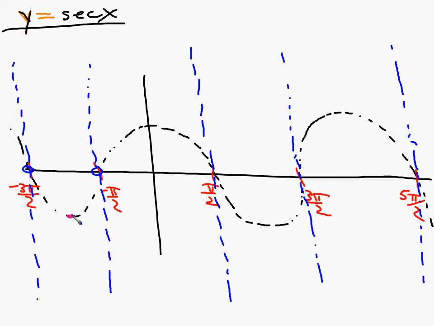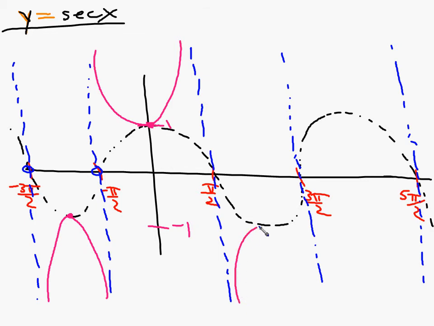So we're going to make them meet at all of these 1s and negative 1s, just like before. They're kind of like little mini parabolas, right side up and upside down. All right, so there's all that. There's a couple periods, I guess we could say, of secant.